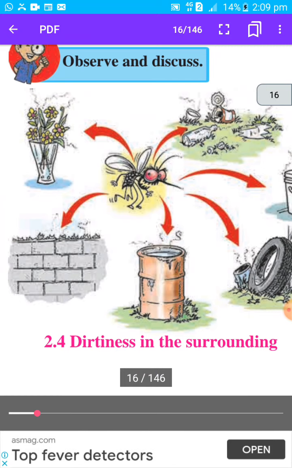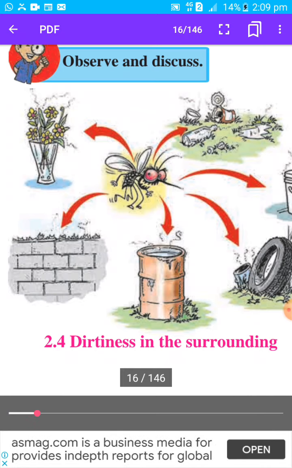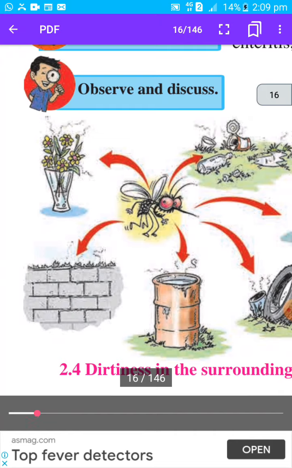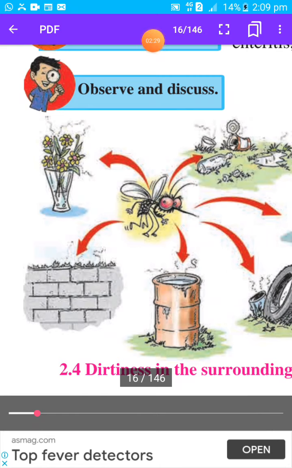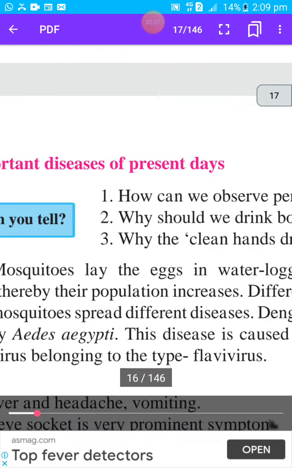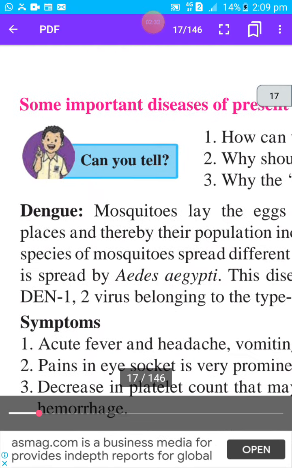So which health hazards will be there? If there is a waterlogged condition around our house, these mosquitoes can spread in that area, and they cause various diseases like dengue, malaria, etc. Okay, so these are the health hazards which spread due to these conditions.